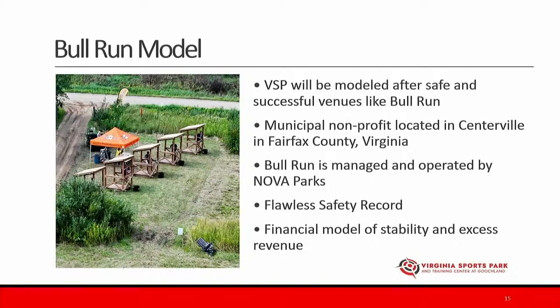And it is a municipal nonprofit that is basically situated up there. They shoot quite a bit up there. They are backed and buffered by I-66, just like we are planning to be buffered by I-64 as our background. What I'm trying to say is we're trying to model ourselves after a very successful facility that's actually smaller.